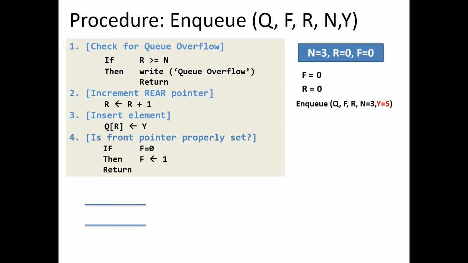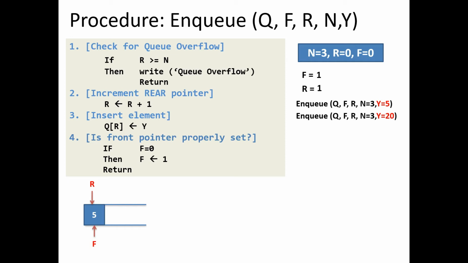Now in Q, insert y equal to 5. So our rear points to position 1, that is, 5 is inserted in Q. In the same way, front is pointed at position 1. So now front and rear become 1.